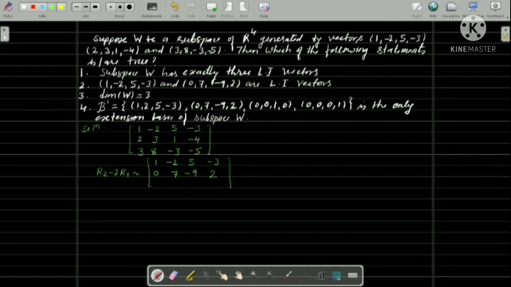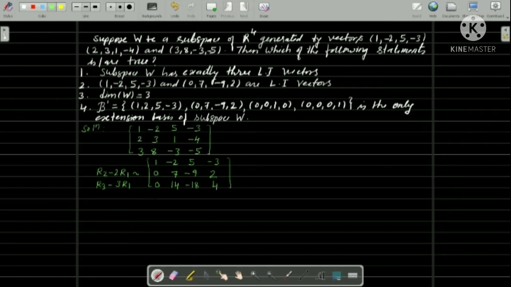Now we operate with R3 minus 3 times R1. Multiplying R1 by 3, we get 3, -6, 15, -9. So -3 plus 3 becomes 0, then 8 plus 6 is 14, then -3 minus 15 is -18, and then -5 plus 9 is 4.